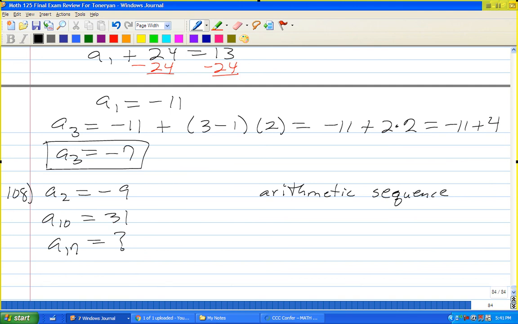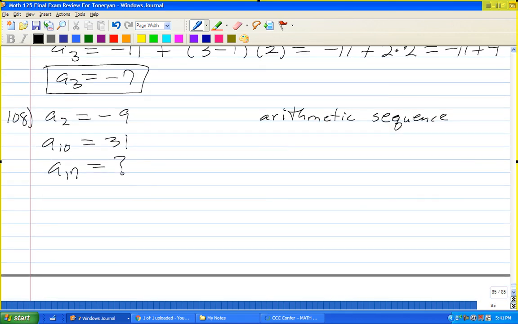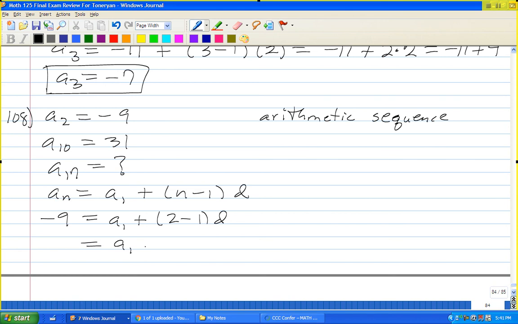So I have that the general term for an arithmetic sequence is just a sub 1 plus n minus 1 d. I don't know a1, but let's say that we're looking at the second term. The second term is equal to negative 9. Now let's look at the 10th term. The 10th term is 31.